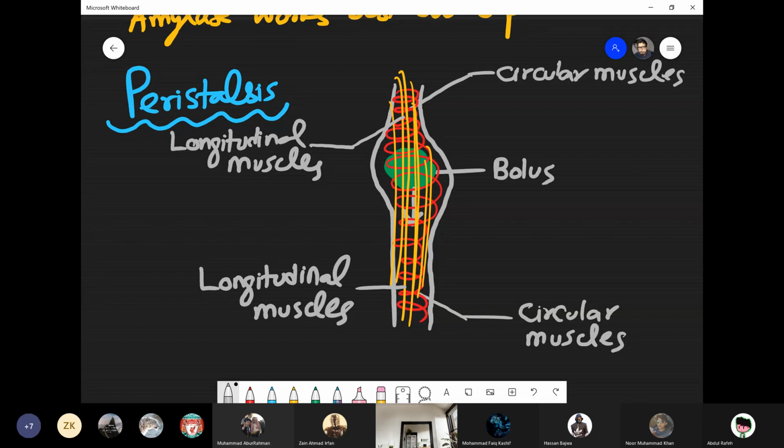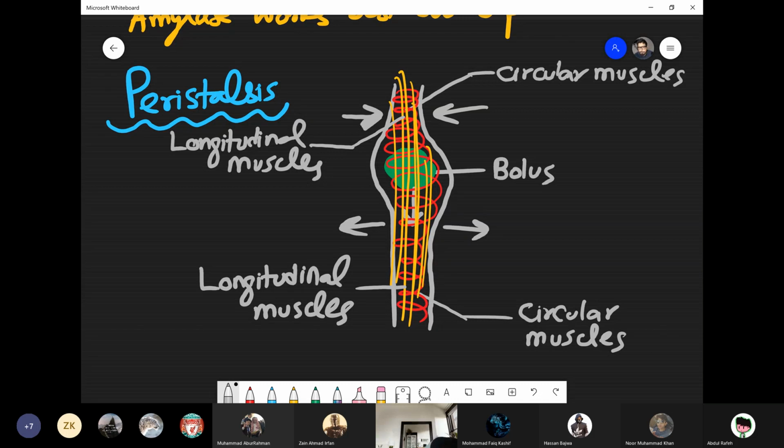So guys, these are called what? Longitudinal muscles. Now, one thing is very obvious over here. This bolus can only go down if this esophagus is squeezed from the back and it becomes open from the front of the bolus.